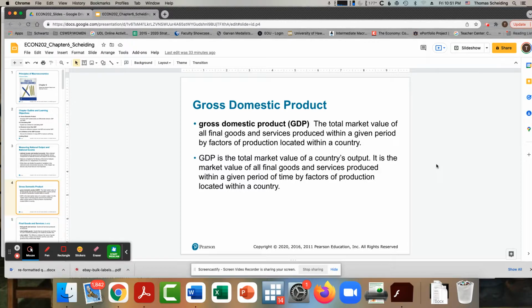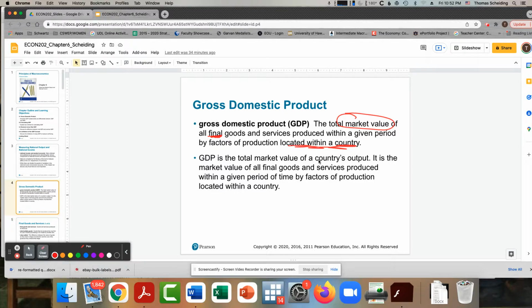So let's underline the key parts of this phrase here. That it's the market value of final goods and services located within a country. Those are kind of the key parts there.